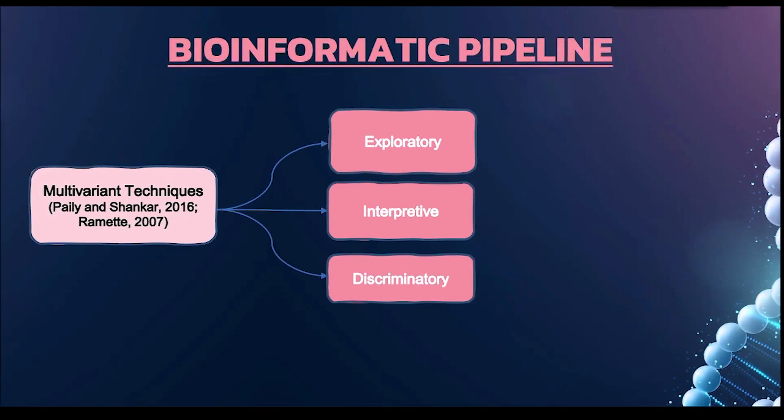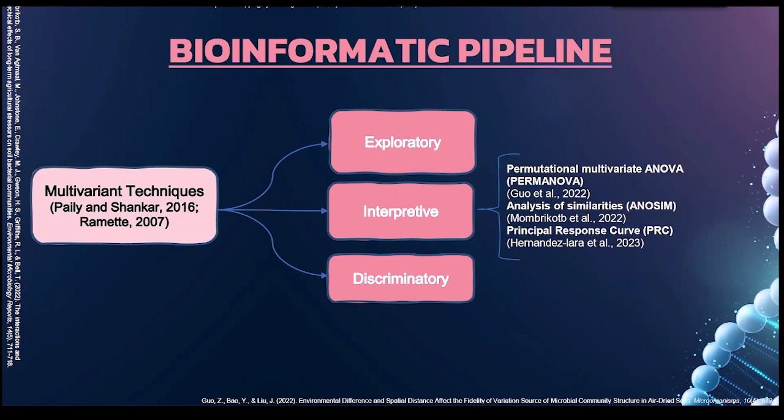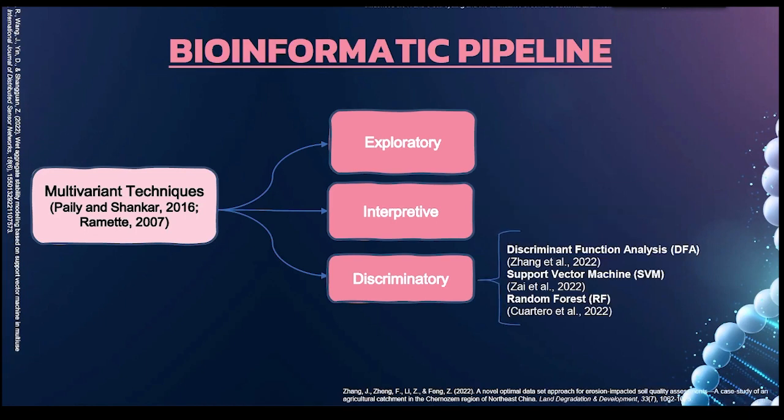In the first group, you can find, for example, the PCA, probably you know. In the second one, you can find, for example, the PERMANOVA, but also ANOSIM. And in the last group, you can find, for example, the random forest. The random forest is a machine learning algorithm, and you can perform a classification, but also a prediction.